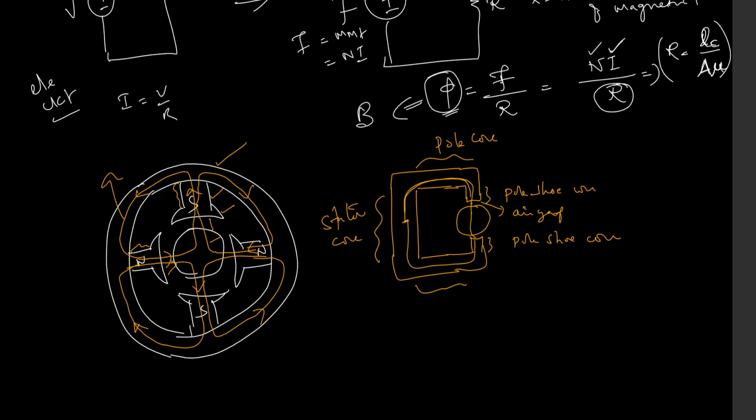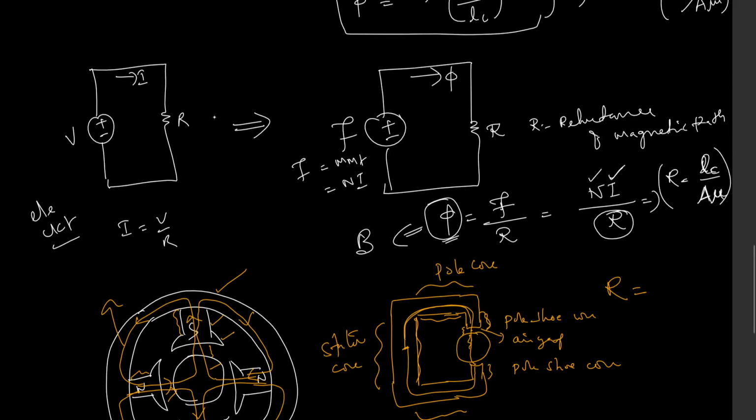So in calculating the reluctance, you have to calculate the reluctance of this path, this path, this path, and so on, right? I mean to say that the relations that hold for electrical circuits hold in the same way for magnetic circuits also.